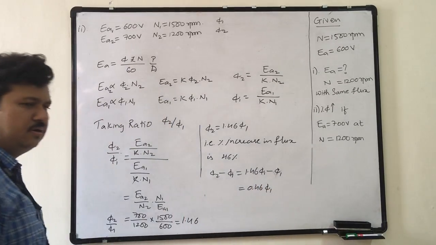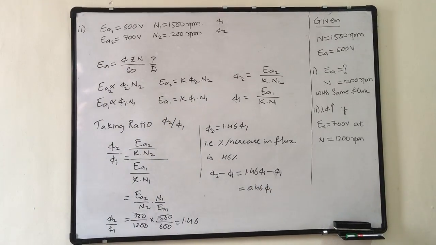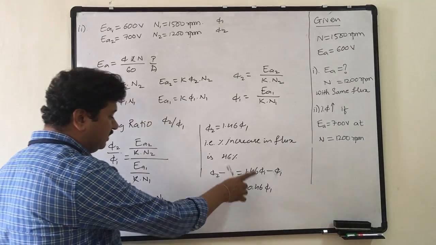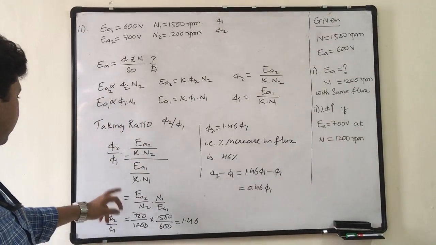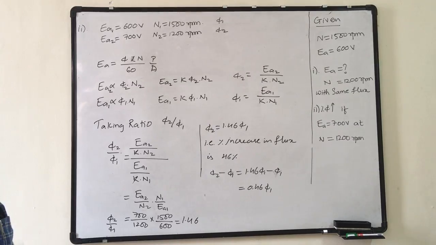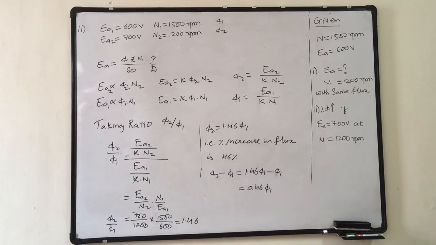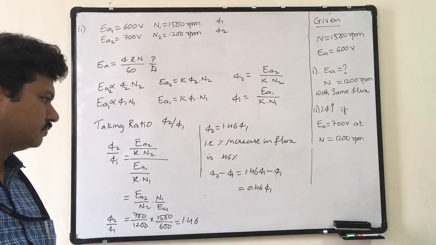So what does this mean? There is a 46% increase in the flux. A 46% increase in the flux is required to generate a voltage of 700 volts even when the speed is decreased to 1200 rpm. That is the meaning of the solution.